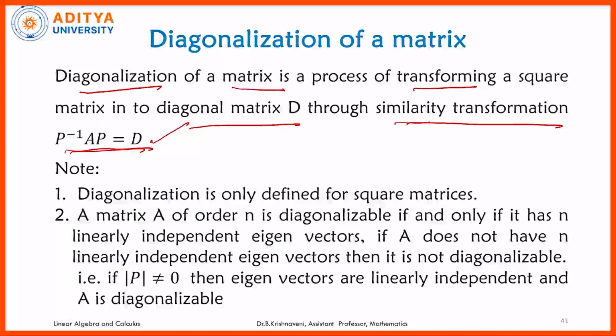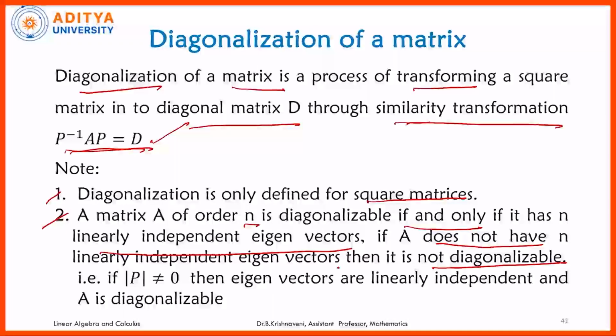Here we need to note some points. Diagonalization is only defined for square matrices. So, only square matrices can be diagonalized. A matrix of order n is diagonalizable if and only if it has n linearly independent eigenvectors. If A does not have n linearly independent eigenvectors, then it is not diagonalizable.